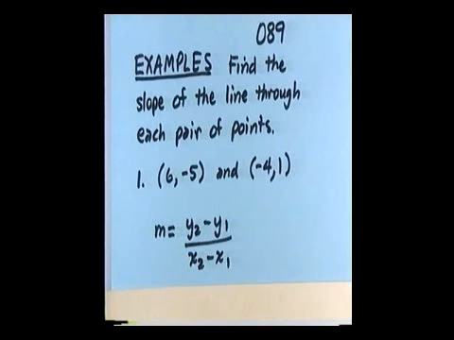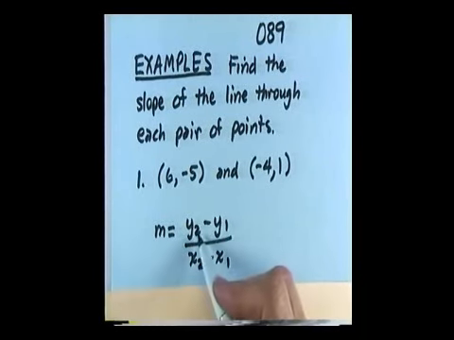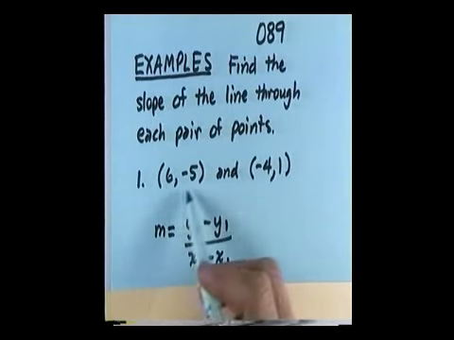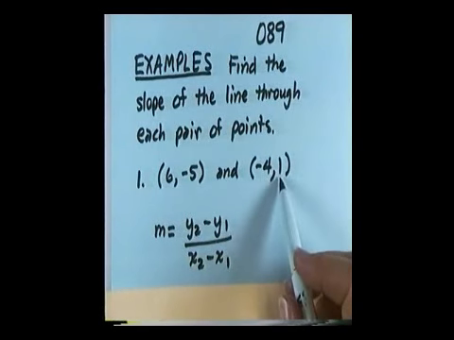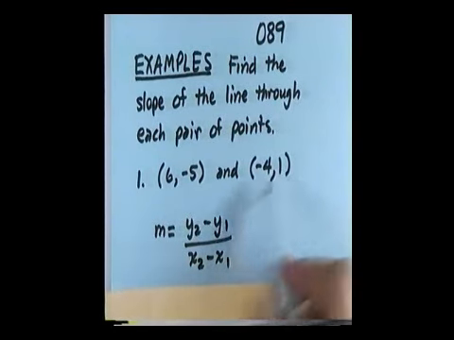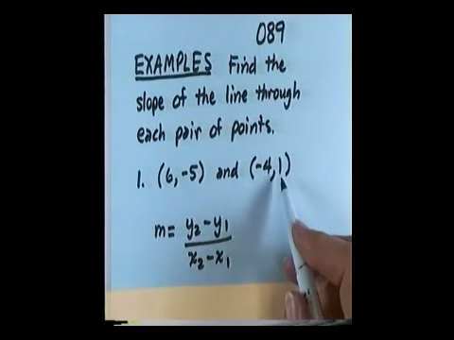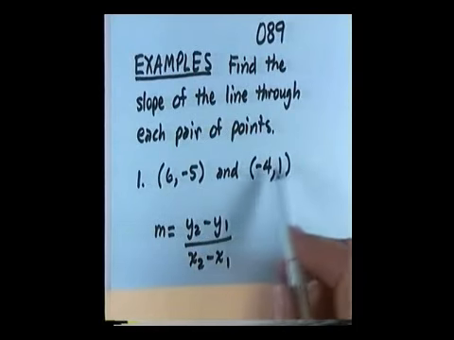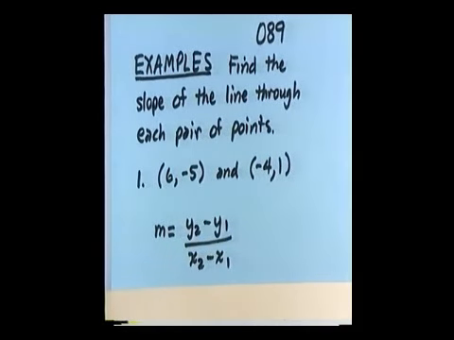Remember that the y2 is a y value for the second point. That means that we go to the second point, (-4, 1), and pick the y value of that. Well, this is getting complicated, so let's label all of these values before we start using them.